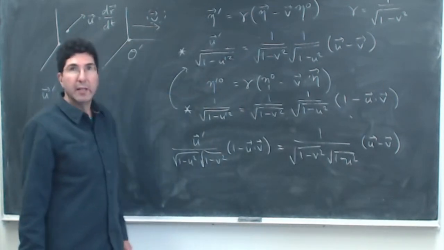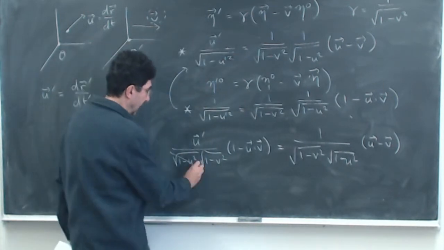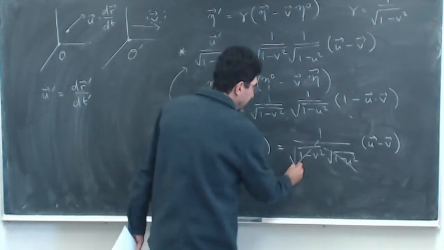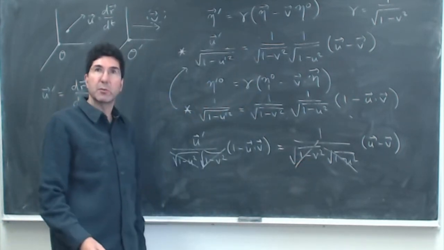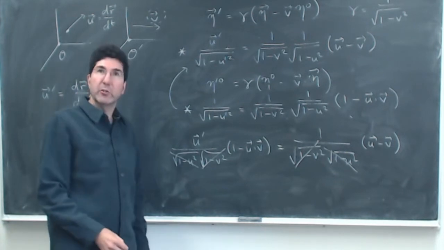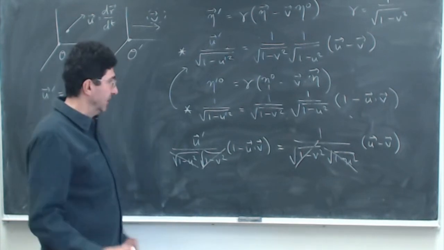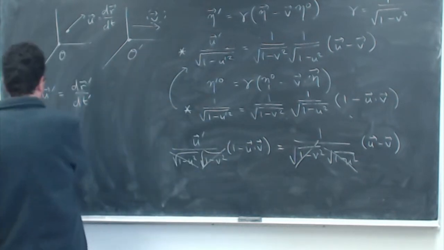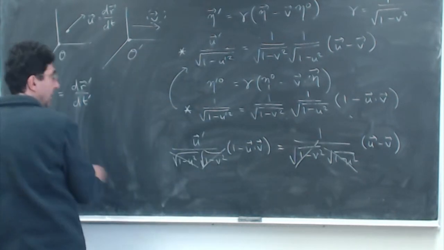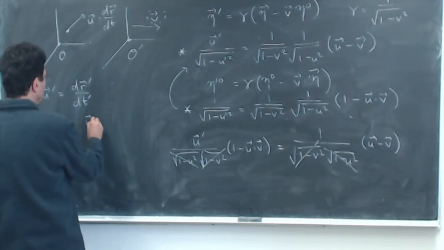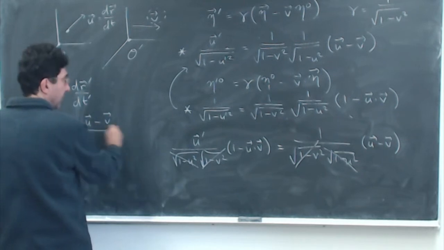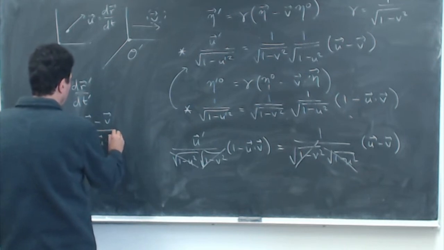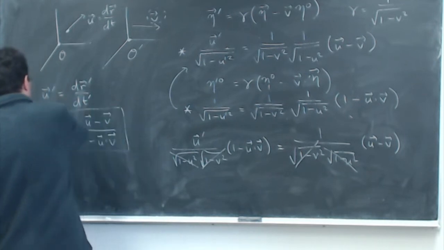And then a lot of the nasty bits cancel out. 1 minus u squared cancels against 1 minus u squared. 1 minus v squared cancels against 1 minus v squared. As I always say, when you're a nerd, you get very happy and excited when lots of things cancel. And so then we get a formula: u prime is equal to u minus v, divided by 1 minus u dot v, a relatively simple formula.